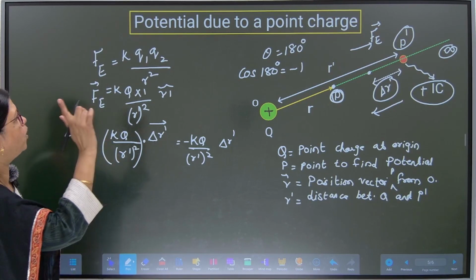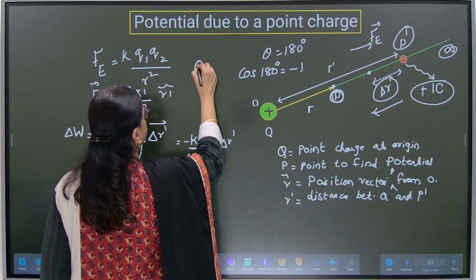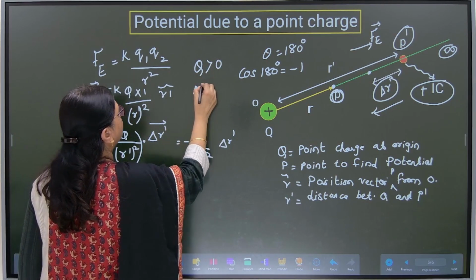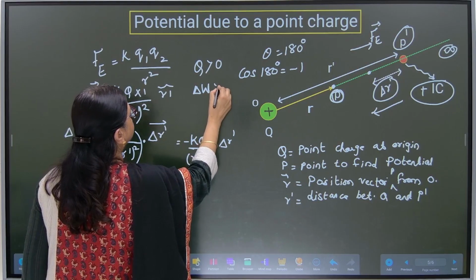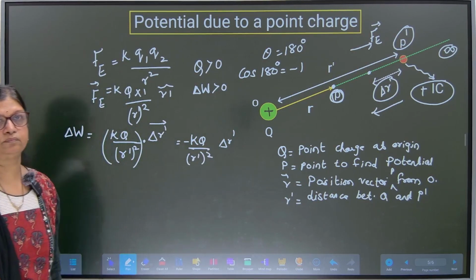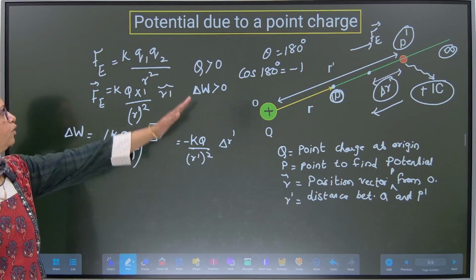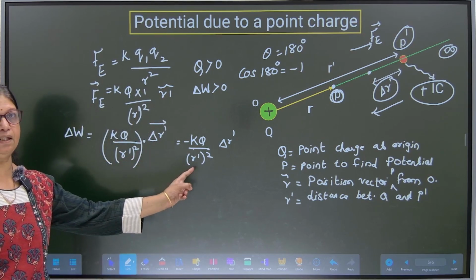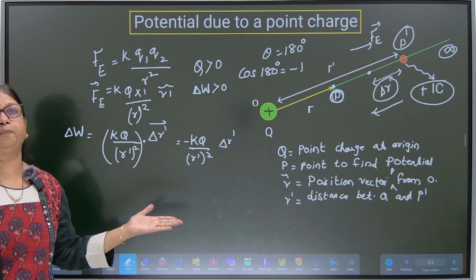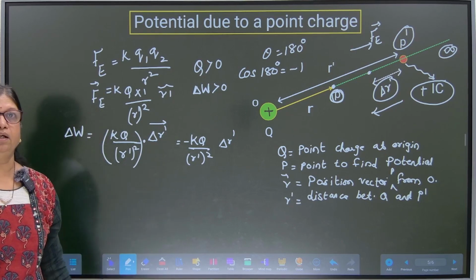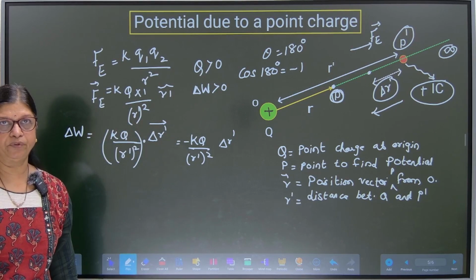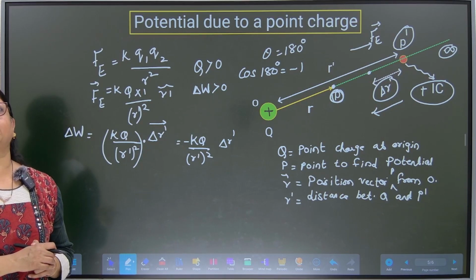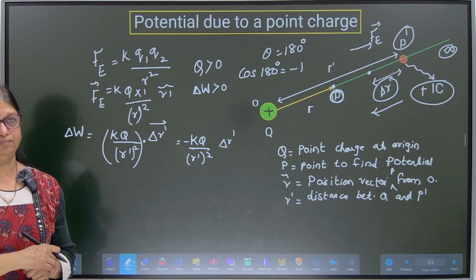And very important here, we have to remember, when Q is greater than 0, delta W is also greater than 0. That's why this negative symbol is written, because our displacement is in the opposite direction to the force. Now comes our work of maths.